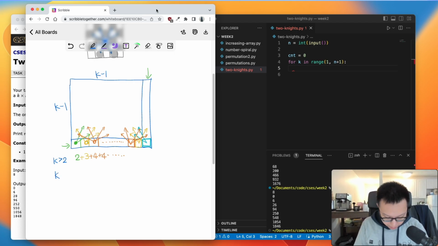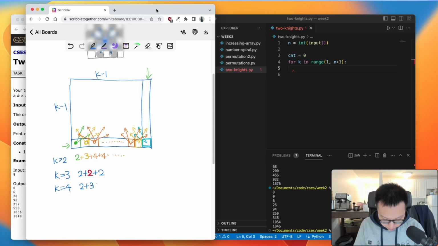For example, if k equals 3, then the number of new ways to put knights is 2 plus 2 plus 2. Notice that this 2 here is different from the case we had before, because we do not have enough space to put an additional knight out of the range. So when k equals 3, we have 2 plus 2 plus 2.